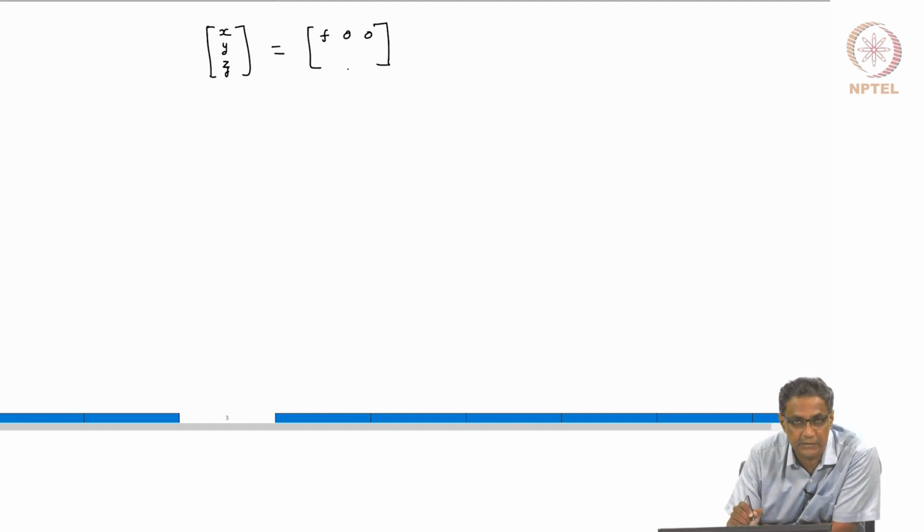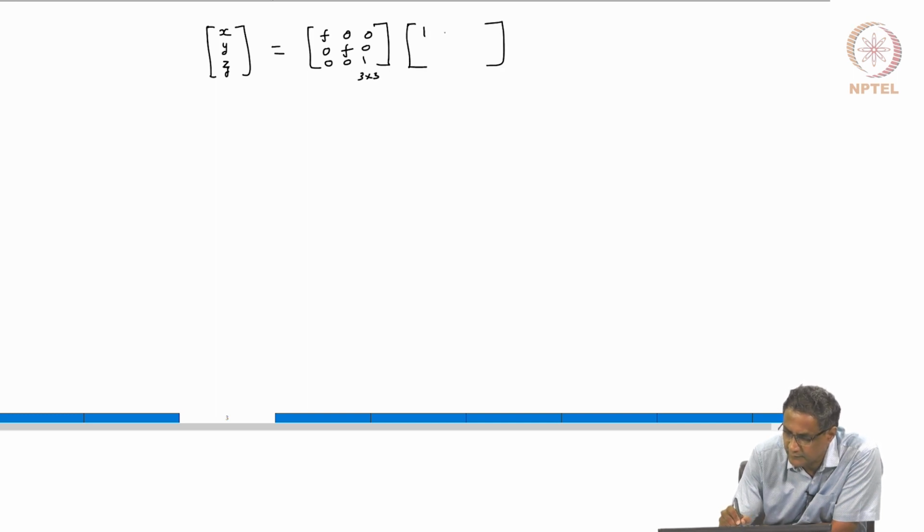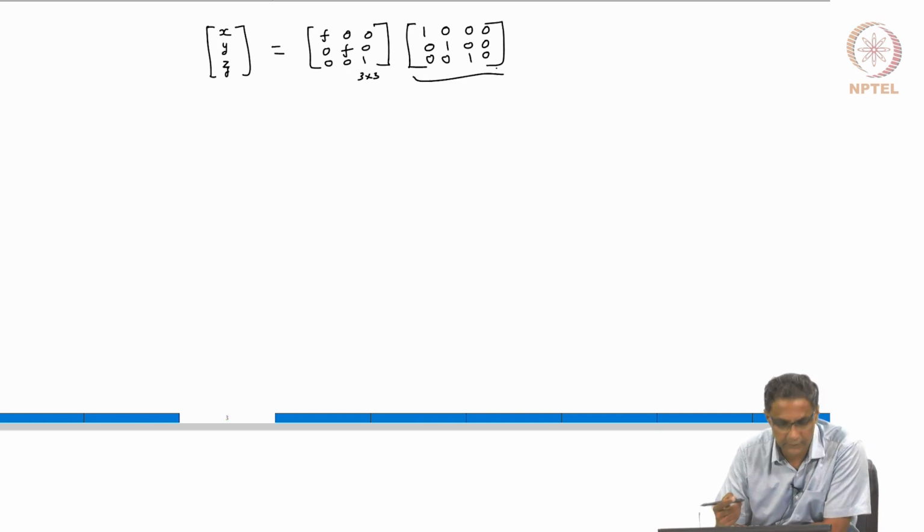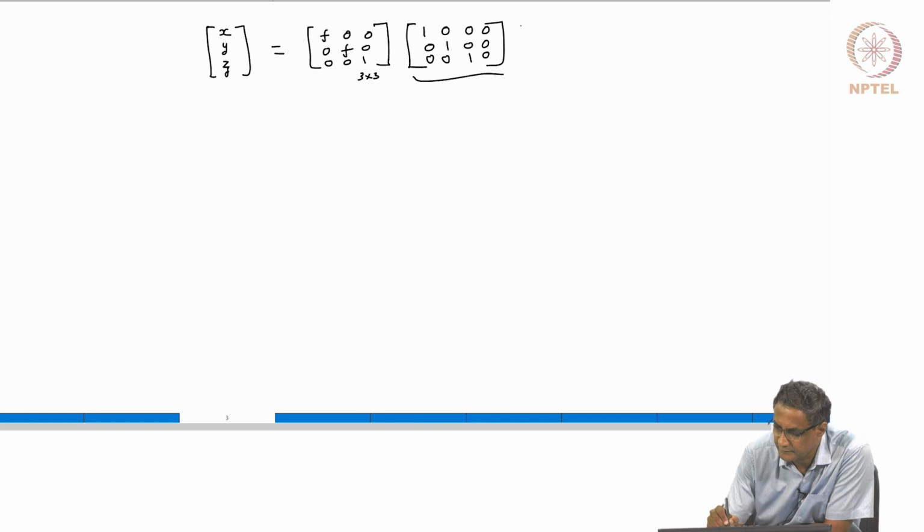This is the simplest camera intrinsics that you can have: f 0 0, 0 f 0, 0 0 1, followed by a 3 cross 4 matrix, which is 1 0 0 0, 0 1 0 0, 0 0 1 0. Its role is with this xc, yc, zc, 1.